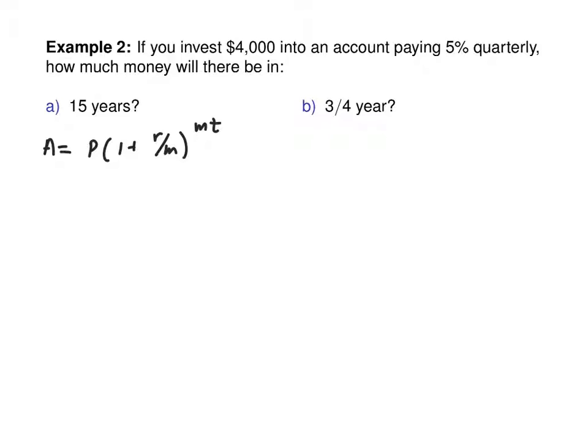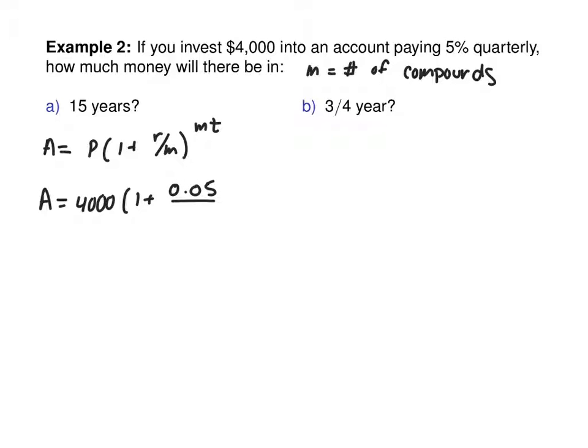In all right, so in this first case, what goes in for P? 4,000. Okay, 1 plus, what goes in for R? 0.05. And if you compound quarterly, how many times per year is that? 4.